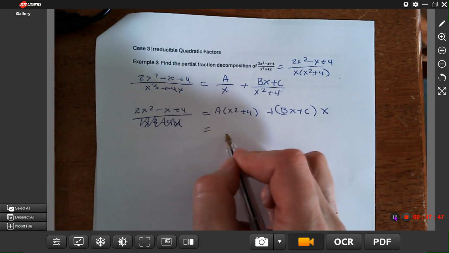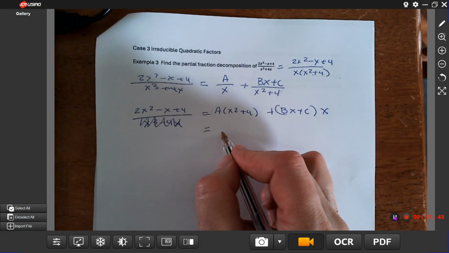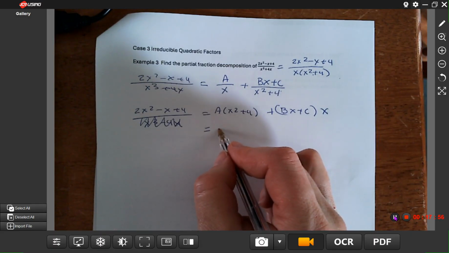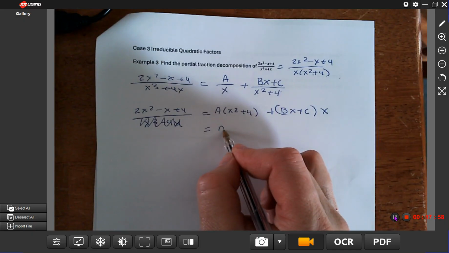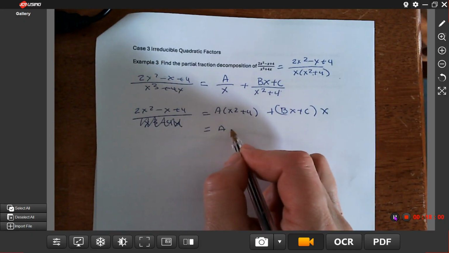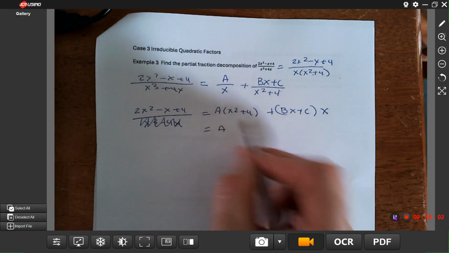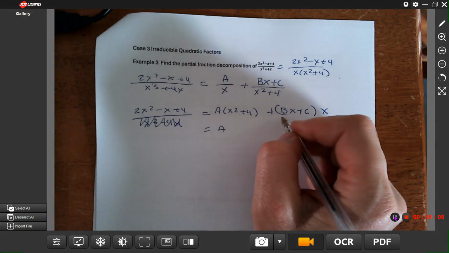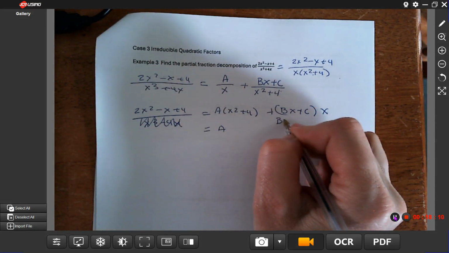All right, and then just like before, I'm going to gather up the coefficients on my different terms. So I'm going to start with the quadratic. So I have a times x squared, and I don't have a quadratic. Actually, I do have a quadratic over here. I should have multiplied this out first.